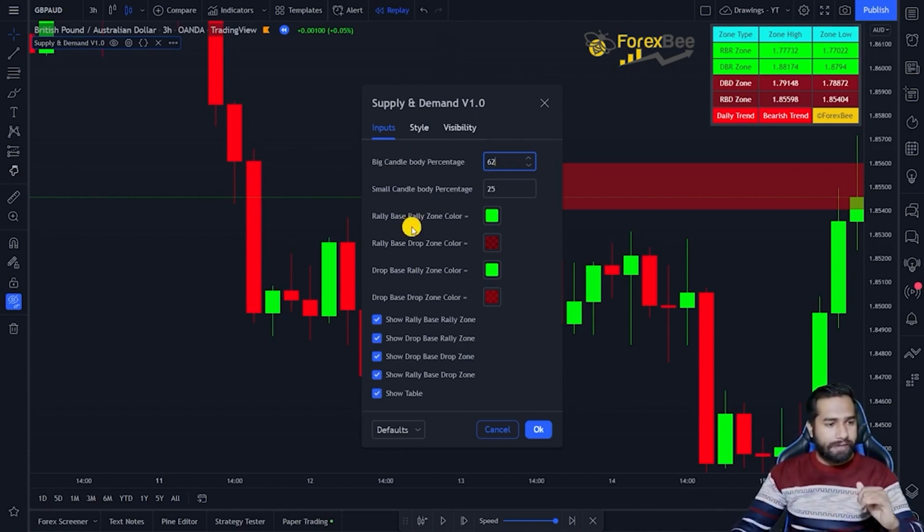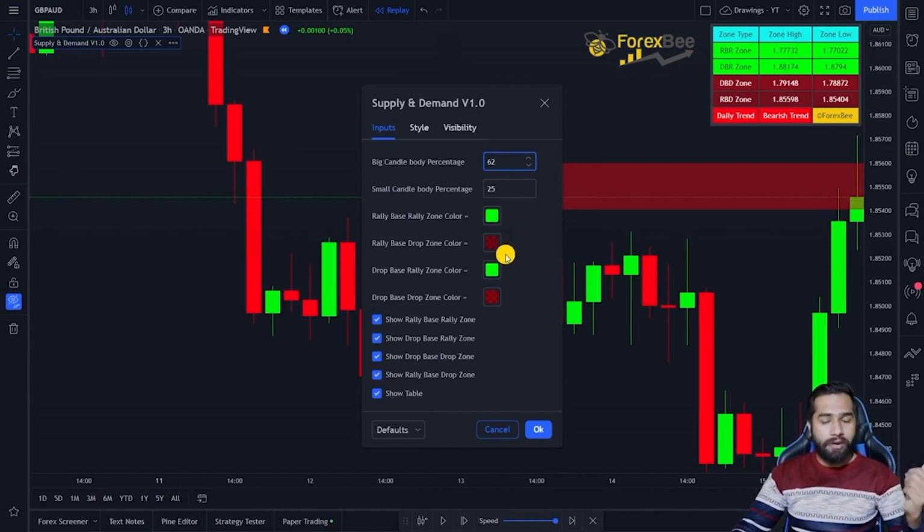We have also added the feature where you can customize the colors of the indicator. All the drawings and all the labels, table, and every cell is customizable. Okay, you can customize the colors of the indicator the way you see fit, because some people might like other colors.